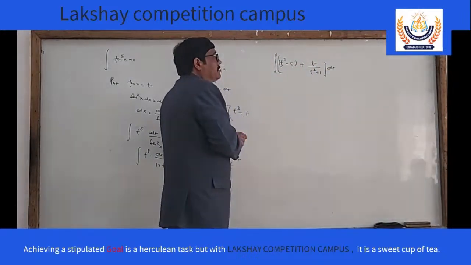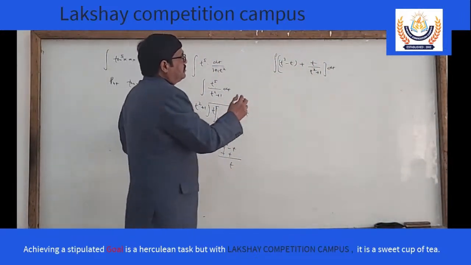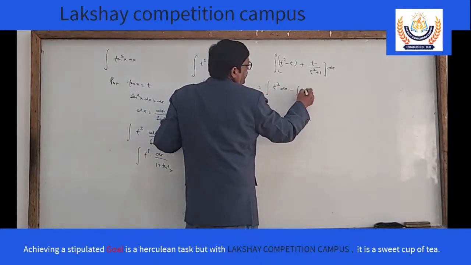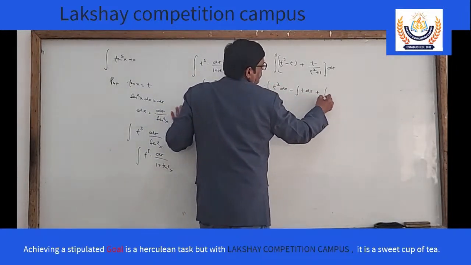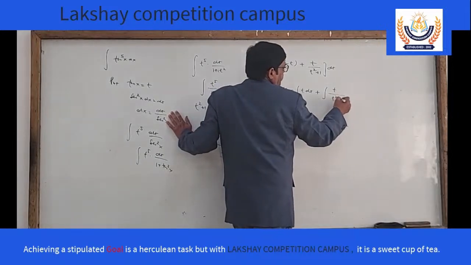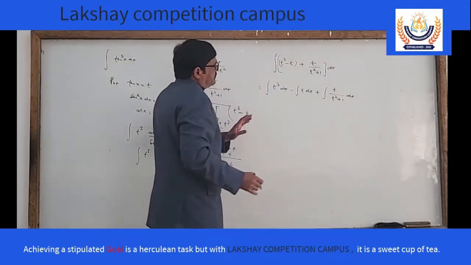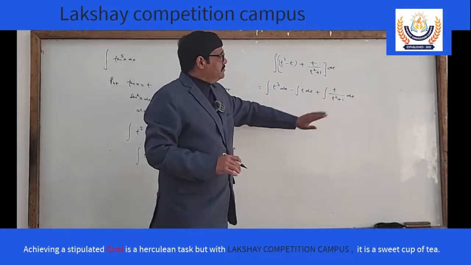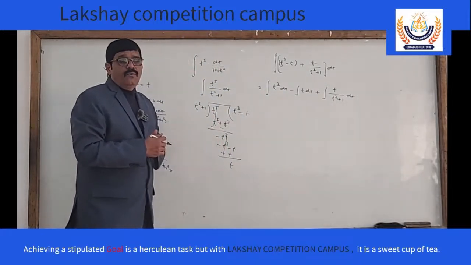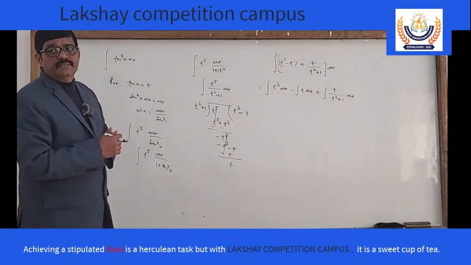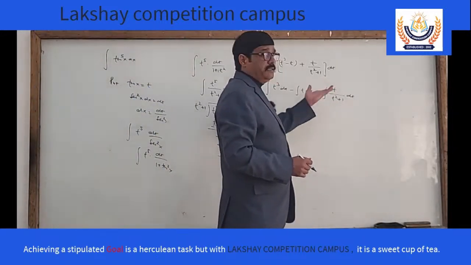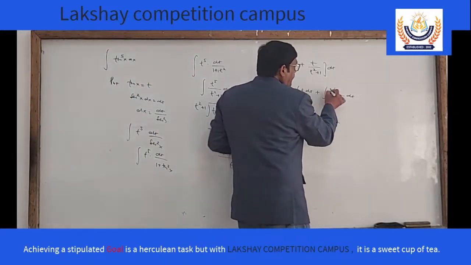Okay, and now integrate. How can we find the integration of this one? Take t³ dt separately, and the part t upon t² plus 1 dt. You find the integration of t³, and what is the integration of t upon t² plus 1? The derivative of the denominator is 2t, so we multiply and divide by 2.